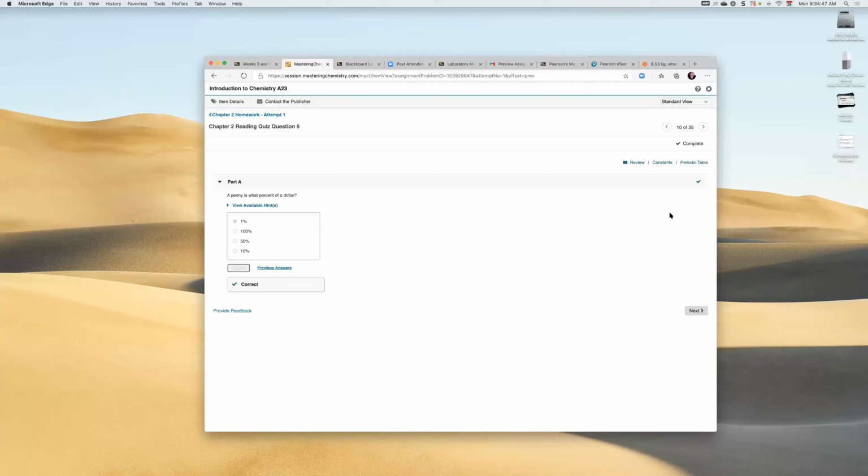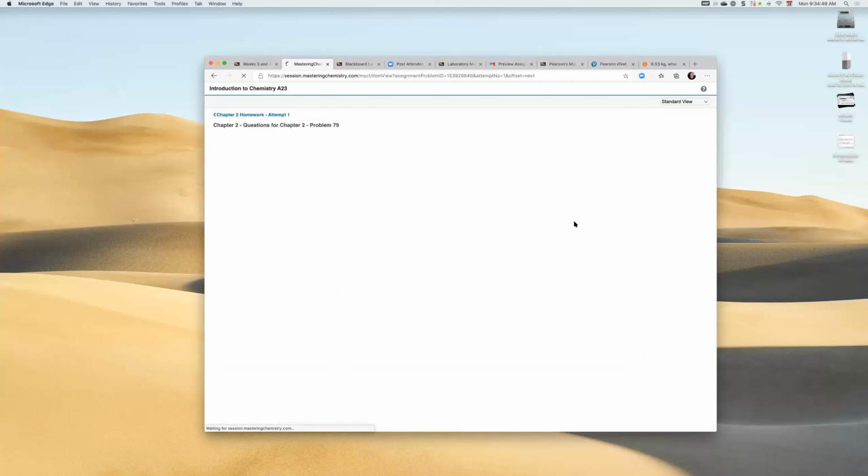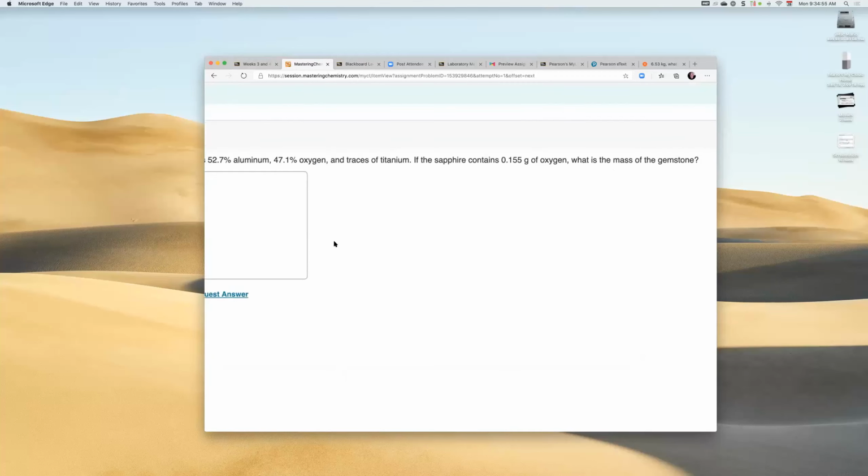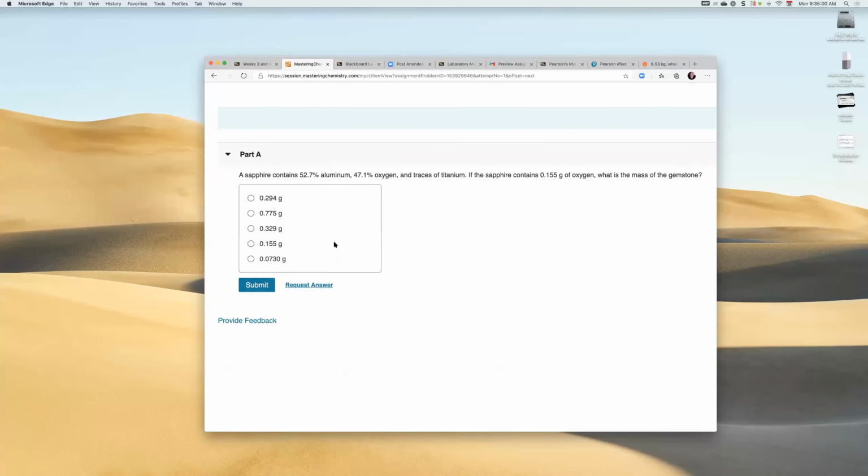Okay, so now let's look at a more complex situation. Here we have a problem in which we have a gemstone, a sapphire, that has 52.7% aluminum, 47.1% oxygen, and traces, meaning tiny amounts, of titanium.